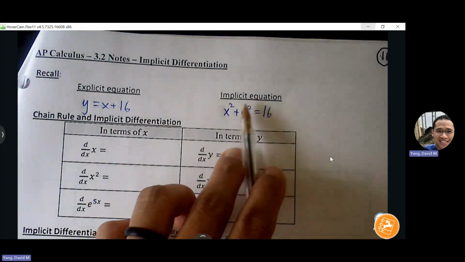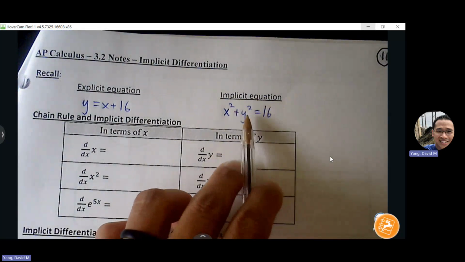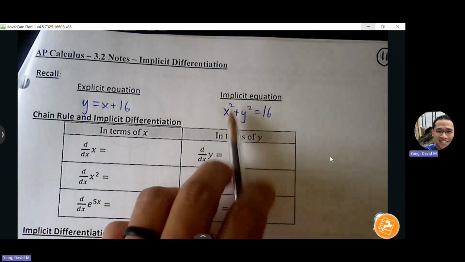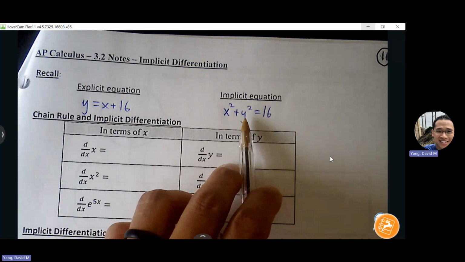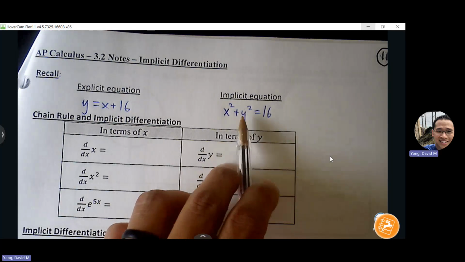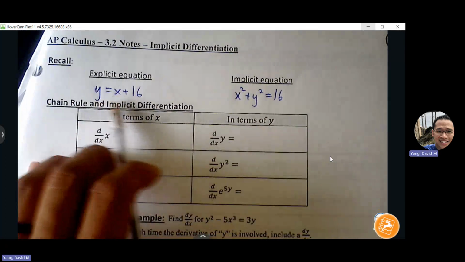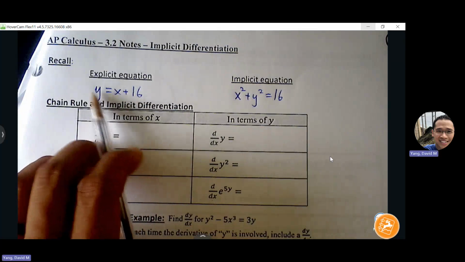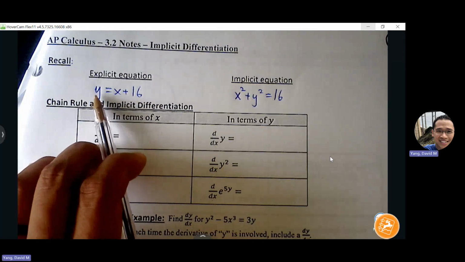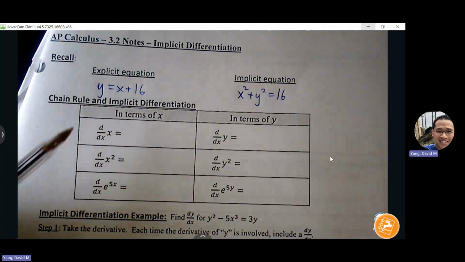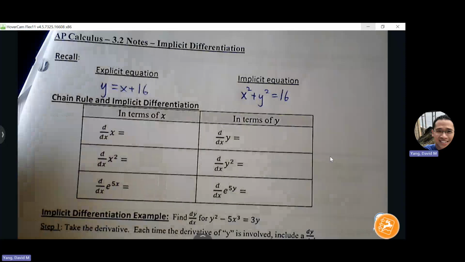So anything that is done to the y where y is not by itself, or it's being attached to something else, or there are multiple y's, we have something called an implicit equation. But we can still find a derivative for an implicit equation, even though the derivative variable is not going to be by itself. So here is what happens when we find the derivative.